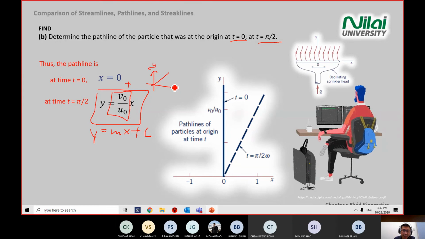This is y, this is your x. So y equal to mx plus c with your m more than 0, means positive. Okay, again, this one are all covered in your advanced mathematics already. Right, so this is the answer for B.